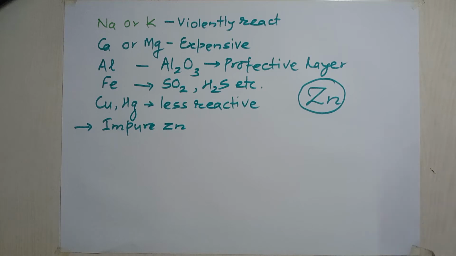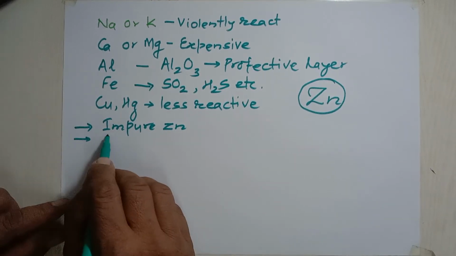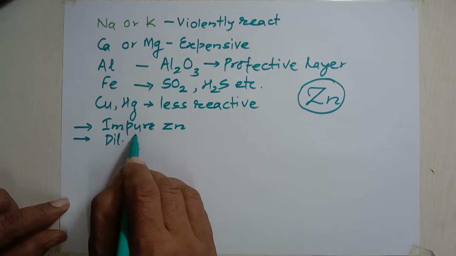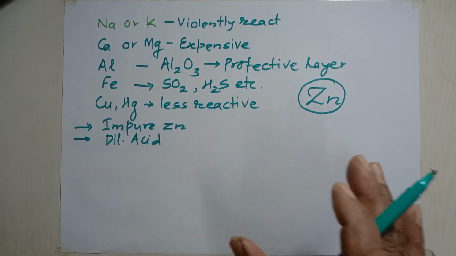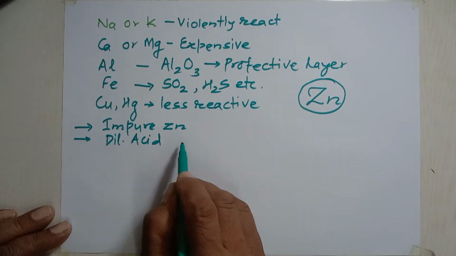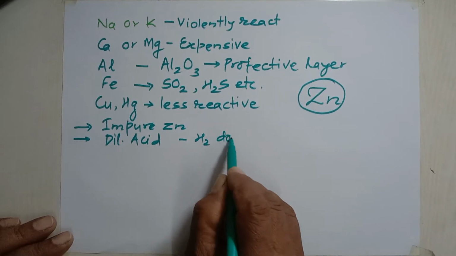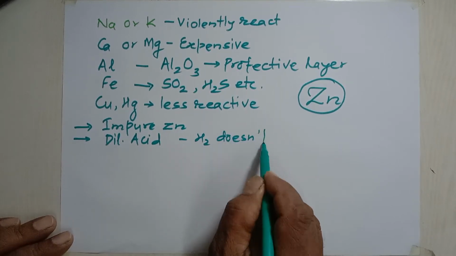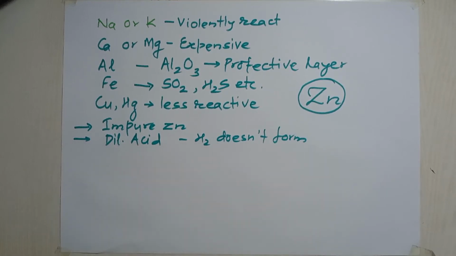The rate of reaction will be less. And dilute acid should be used. Another point we have to remember, dilute acid should be used. If we use concentrated acid, then hydrogen gas won't form.